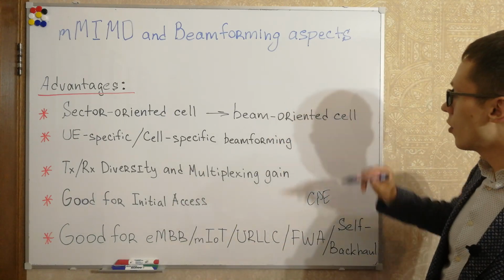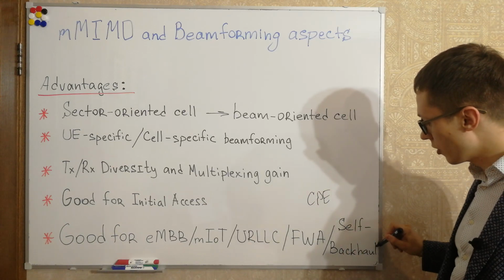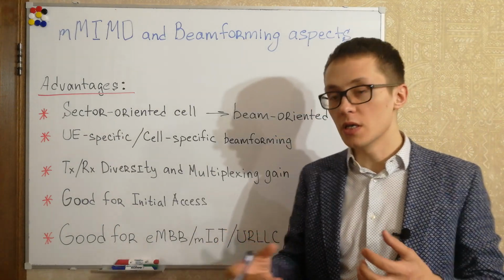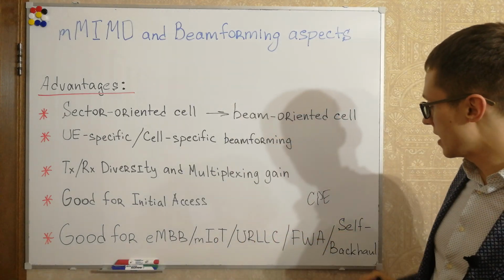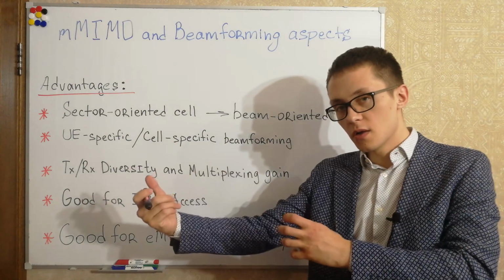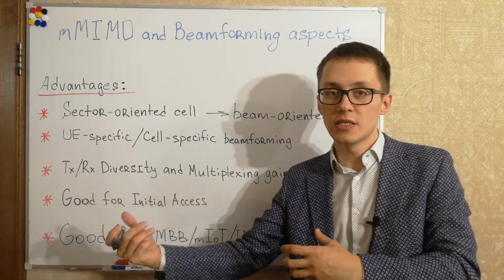And of course, beamforming and massive MIMO techniques can be good for the self-backhaul concept, which is pretty similar to fixed wireless access, but instead of CPE, at the end of such a network there will be the next base station.